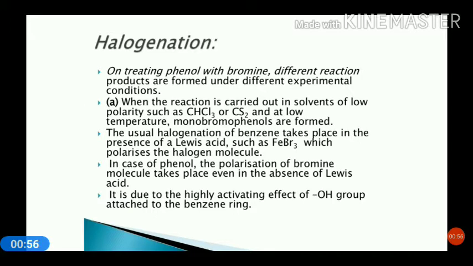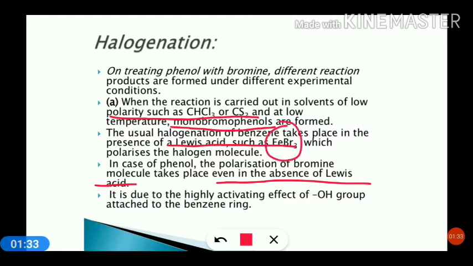When the reaction is carried out in a solvent of low polarity like chloroform or carbon disulfide, then monobromophenol is obtained.